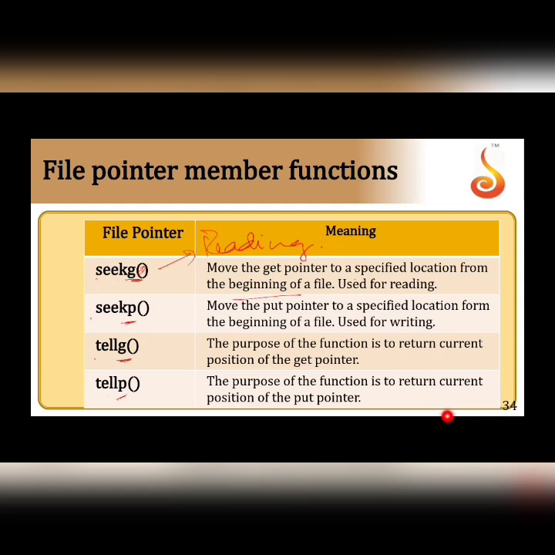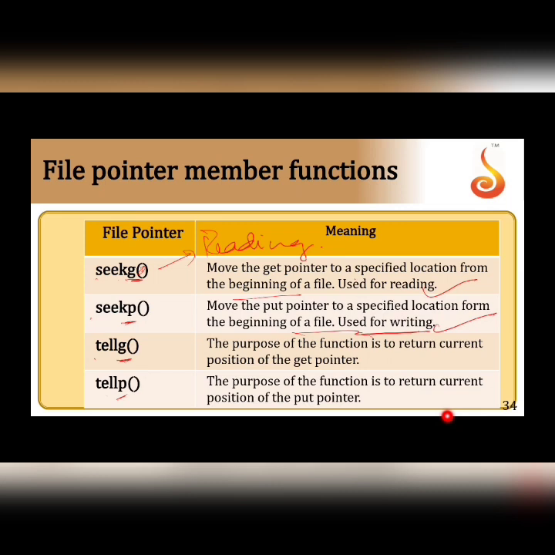seekp moves the put pointer, put is for writing, to a specified location from the beginning of the file. This is used for reading, that is used for writing. tellg will return you the current location. It will not move it anywhere. Like if you want to know the current read location and write location, the pointer location in a file.